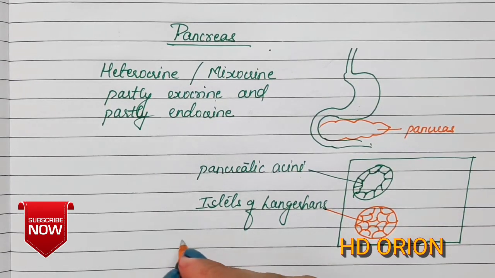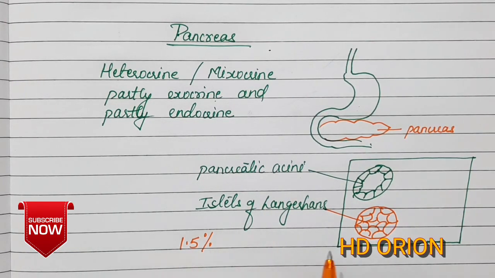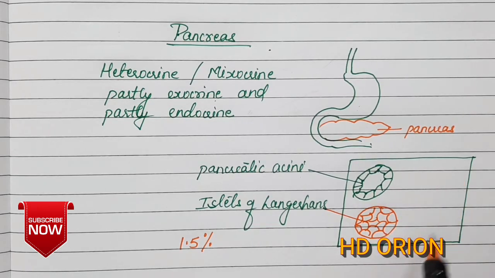This makes up almost 1.5% mass of the pancreas. So it forms 1.5% of the pancreatic mass, and it is dispersed in between.